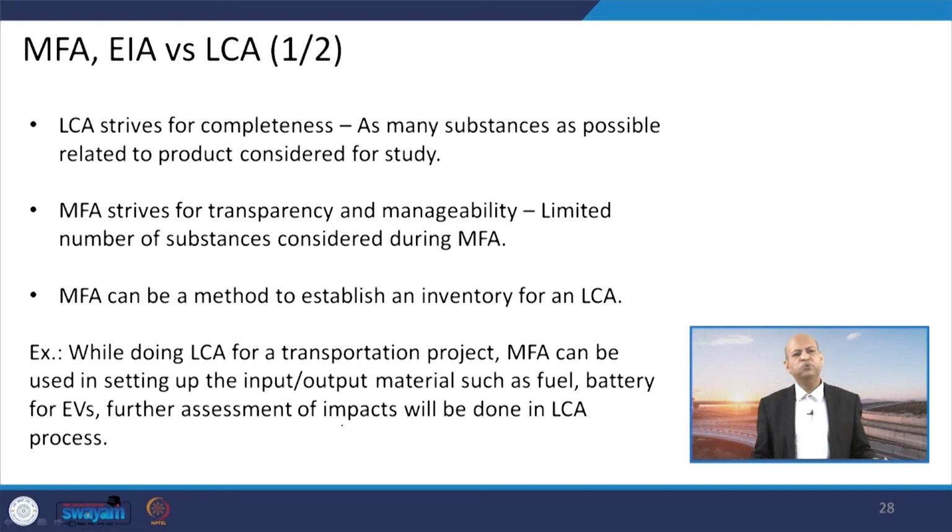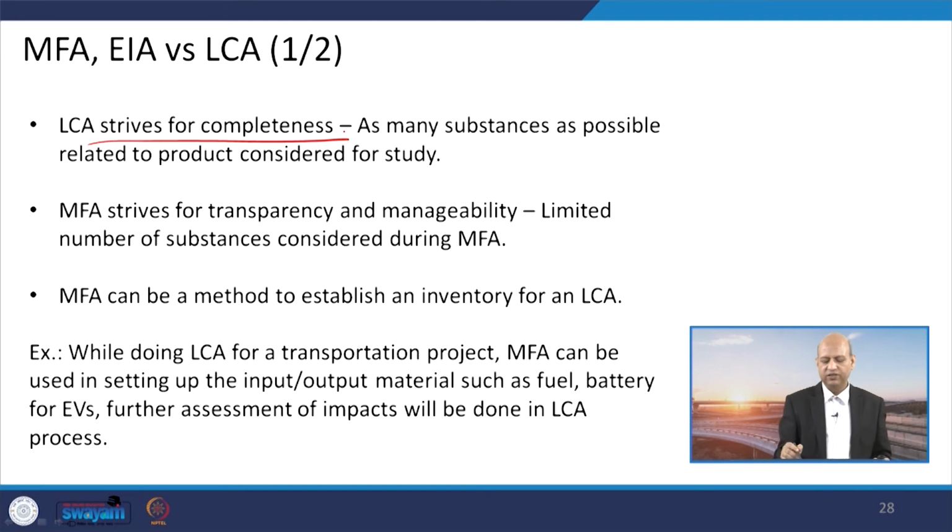Then if we want to compare, to have better clarity about MFA, EIA and LCA, we can see that LCA is more about completeness, it is a holistic kind of thing. Okay. MFA only looks into part of things; for a complete system it may be difficult, right. So, LCA strives for completeness of substances or products.